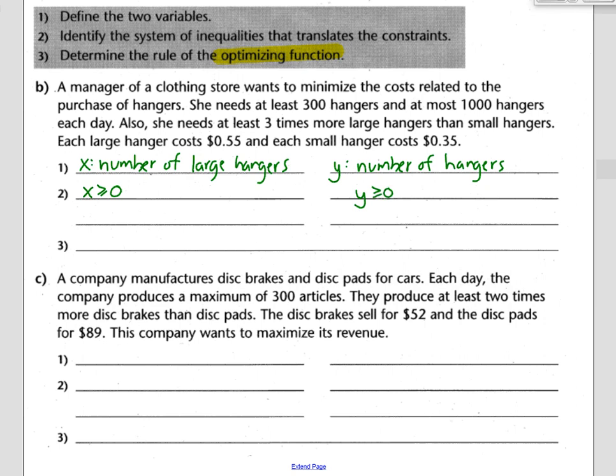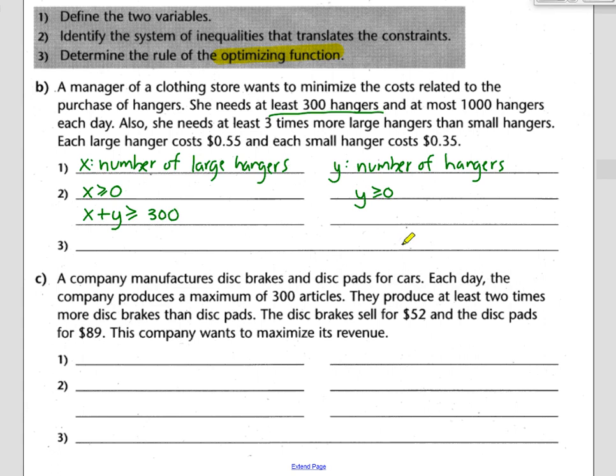And then they're telling you that they have at least 300 hangers. So if they have at least 300 hangers, you could write that x plus y has to be greater or equal to 300.